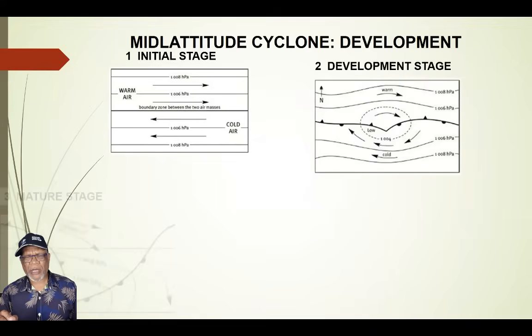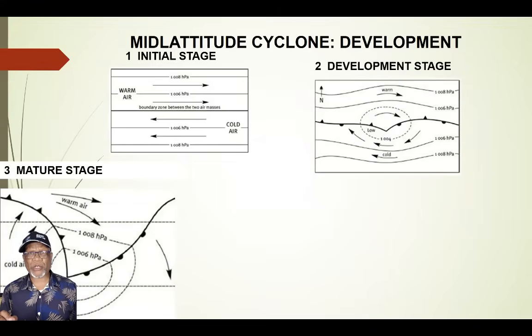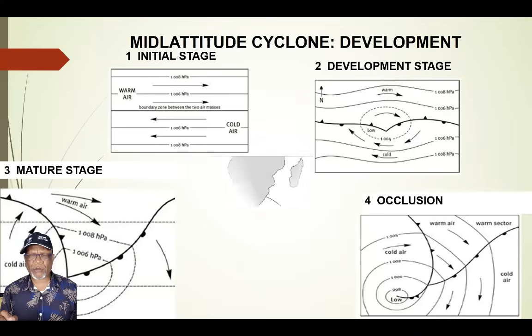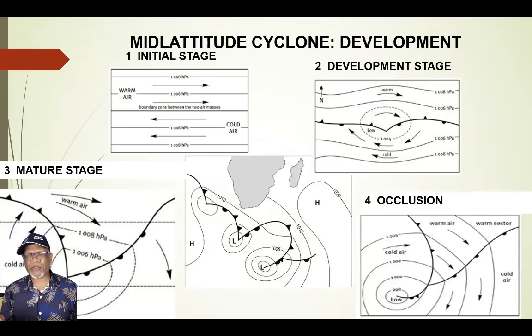So this is all grade 12 learners should know now about the mid-latitude cyclone. So these are different stages of development. Usually these stages of development, you'll get them when you're looking at short questions. Then what else do you see here? Let's look at the important stages here. This stage is called the mature stage.